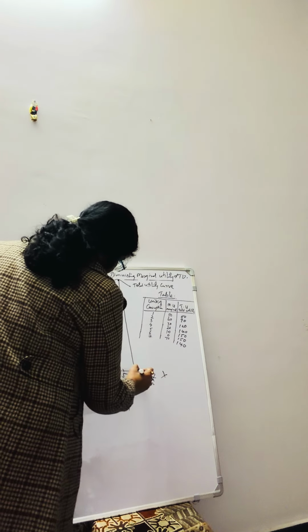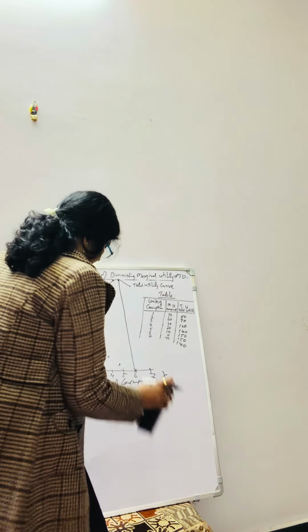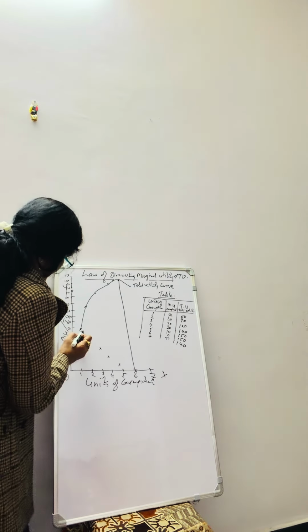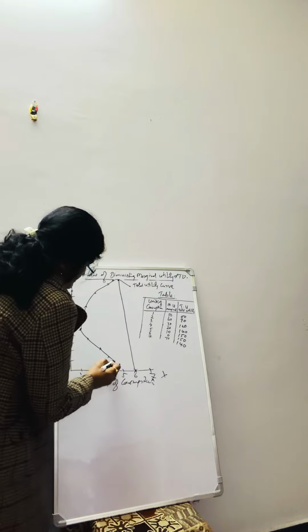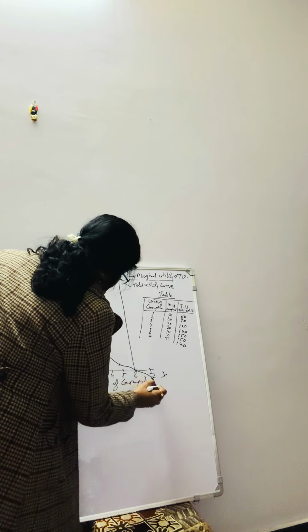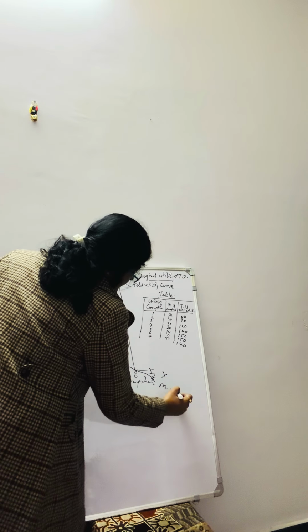This one is a 0. Now if we join this, this is the marginal utility curve.